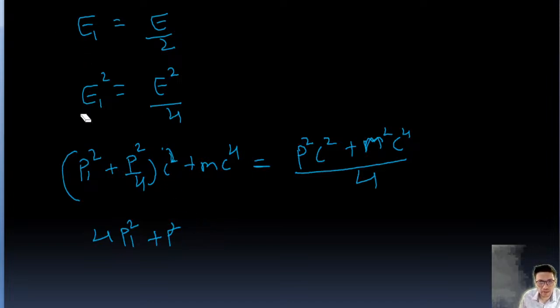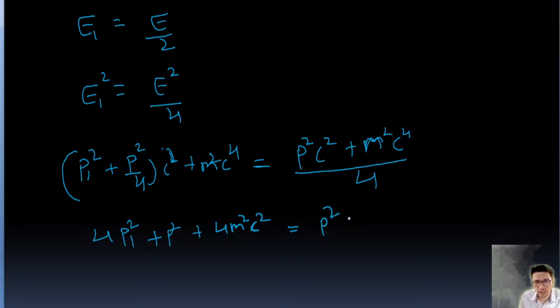P square C square got cancelled because C square is on both sides. So plus small m square, and we have multiplied by 4, so this is going to be 4 m square C to the power 4.